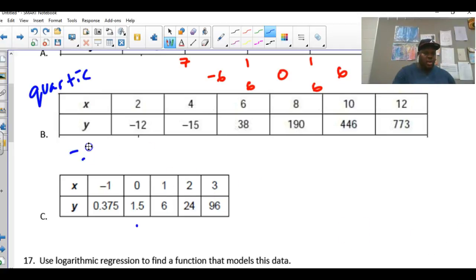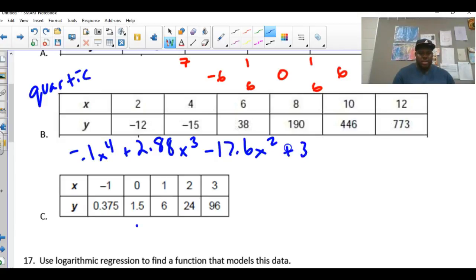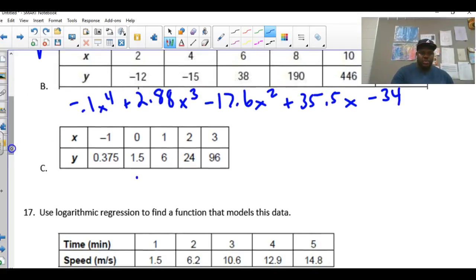Negative 0.1 x to the 4th, alright, plus 2.88 x cubed minus 17.6 x squared plus 35.5 x minus 34. And that, guys, is our equation for this here. Now, let's look at this next one.